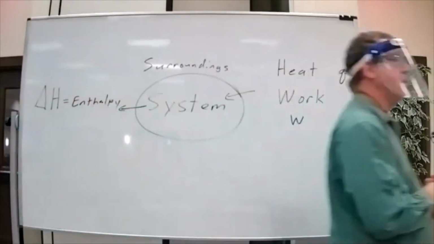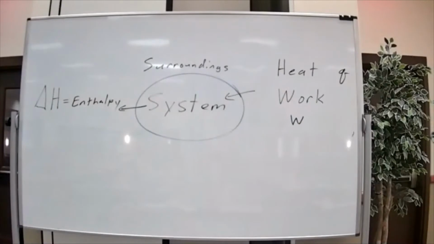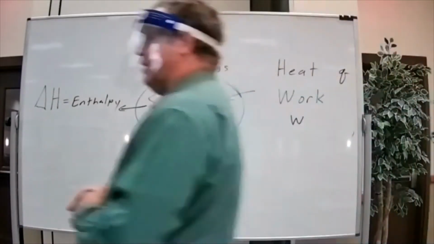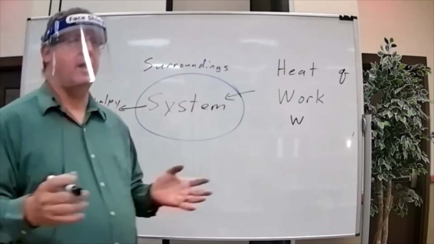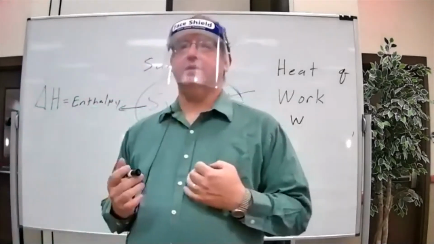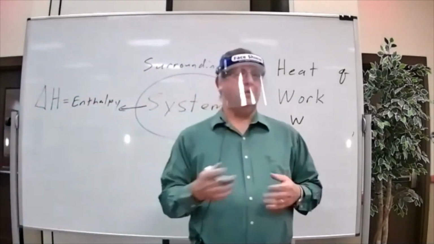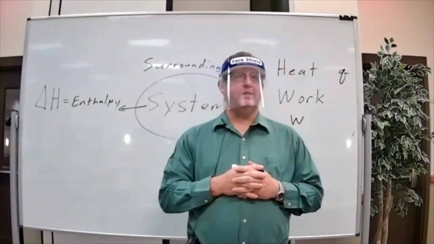And we can measure the initial and final enthalpy states. And a change will be dependent only on the initial and final state. So even though work and heat are not state functions, enthalpy is a state function. It's not the only one, but it's the one we're going to focus on in this class.